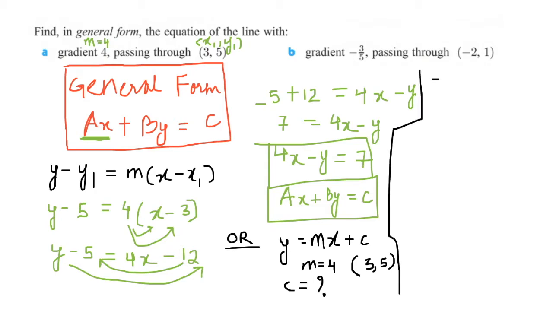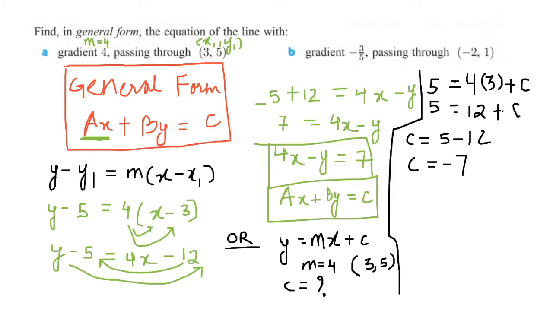So I'll plug in y as 5, m as 4 because that's the gradient, x as 3, plus c. Solving it further, I'll get 5 is equal to 12 plus c. So c is equal to 5 minus 12, c is equal to minus 7.